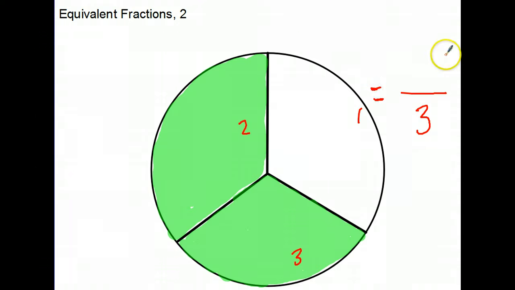Now again, I want to ask how many of these pieces are shaded, and it looks like I have 1 and 2. 2 of them are shaded, so I have 2/3. So the fraction for this pie is 2/3, and please bear with me. I know it's a little elementary, but I want to make sure we understand equivalence here. Let's say I took each of those pieces then and cut them in half.